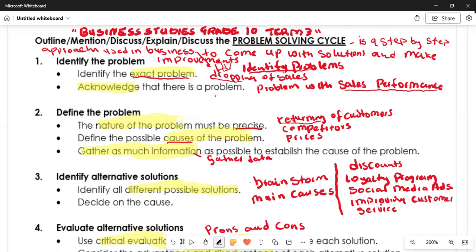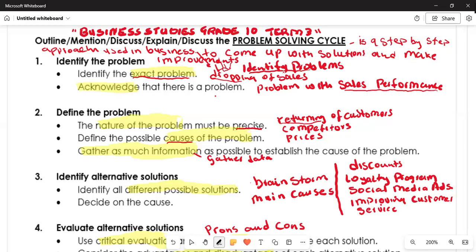Now we are moving on to the third step, identify alternative solutions. Now you are to come up with alternative solutions. You are to brainstorm the possible solutions, and decide on the main cause of the problem.